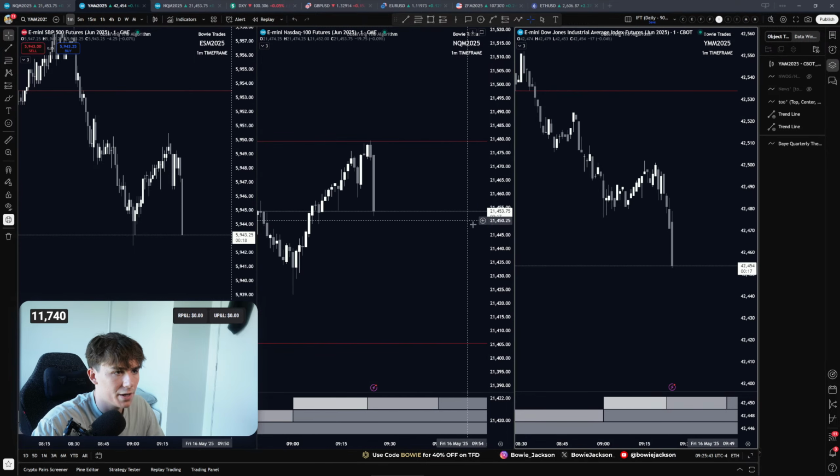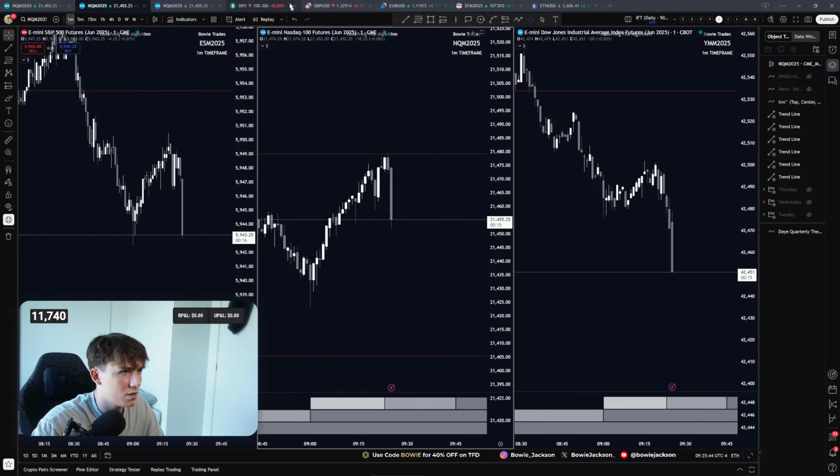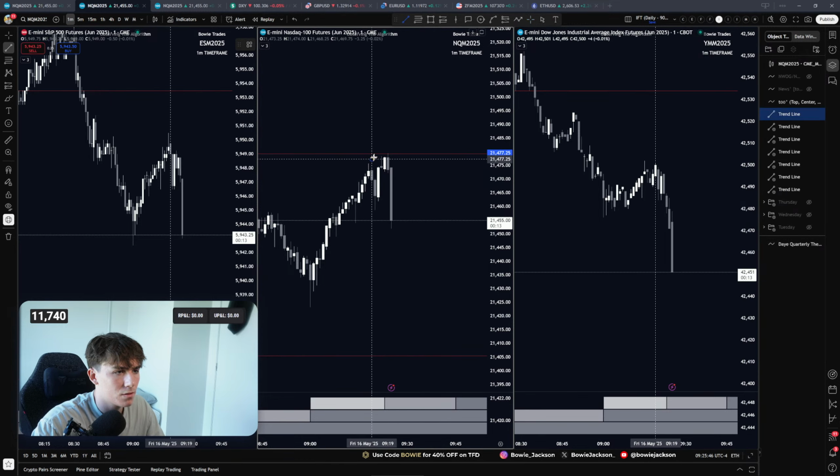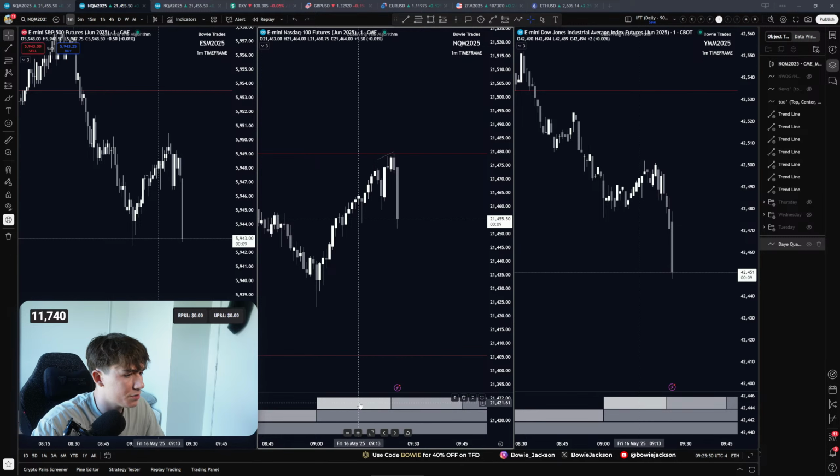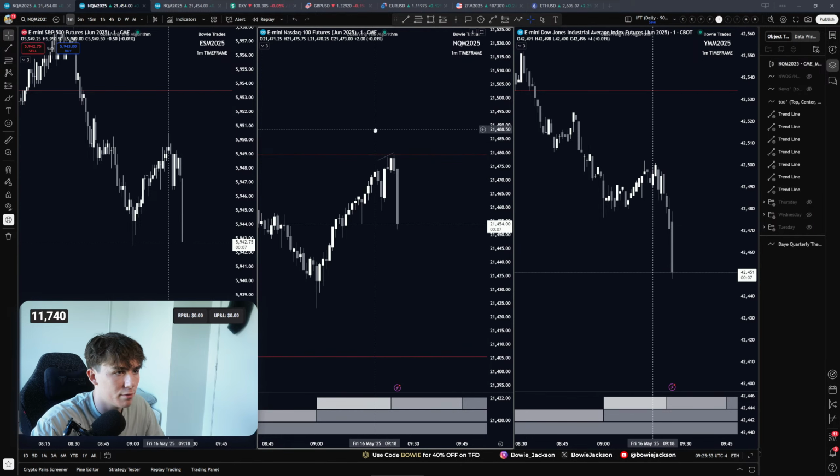Yep, there is a micro bearish indeed. Really, really tiny. You see these 2 quarters right here. These are the micro quarters. You see them on the 1 minute time frame.